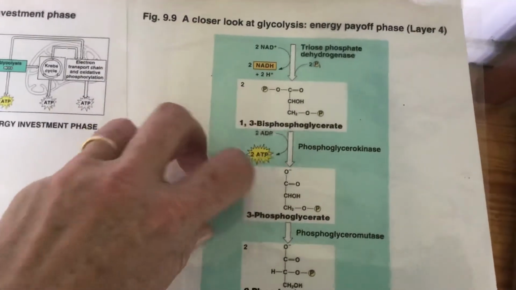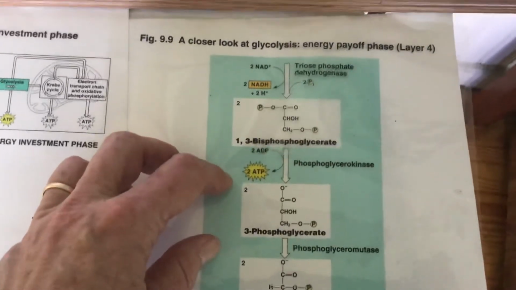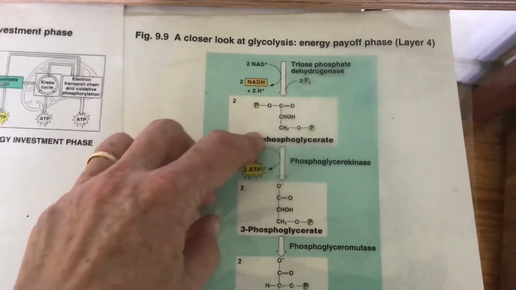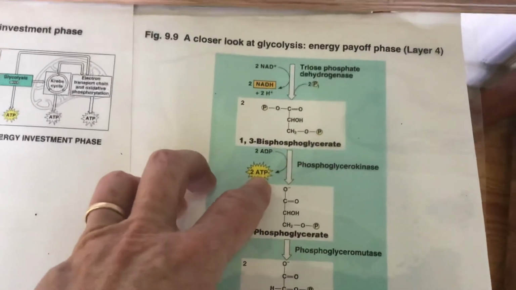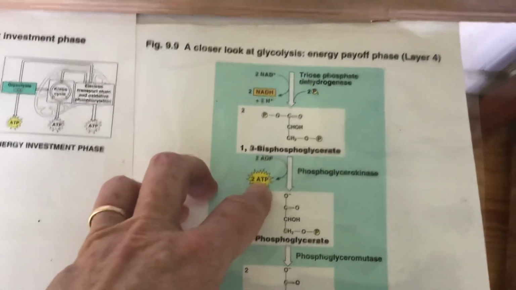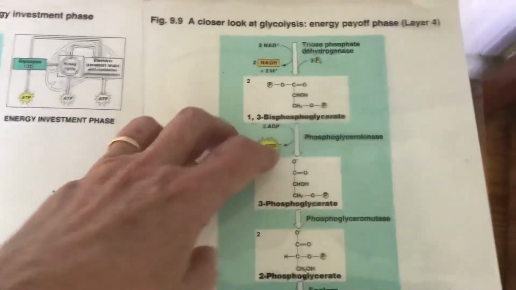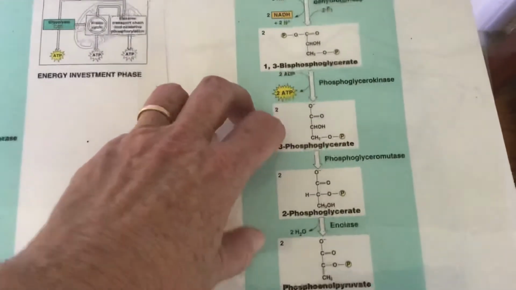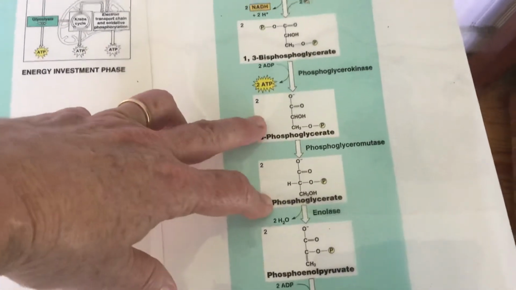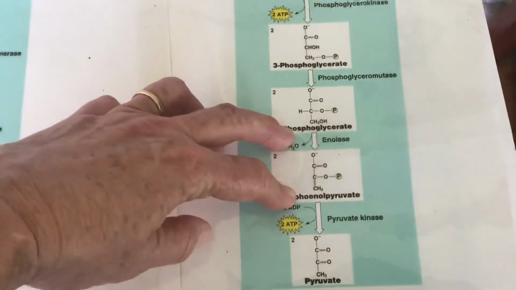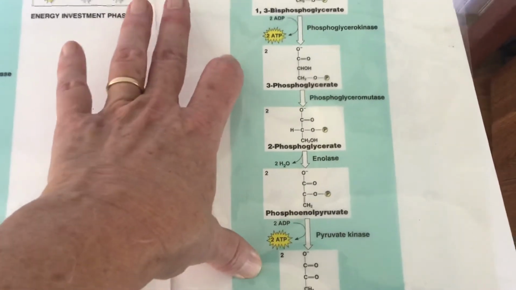Now I'm going to take off the phosphate group, at least one per molecule, which is why I end up with two, and make ATP out of it. Then I'm going to change the configuration just a little bit again, a couple of times, and then take off another ATP from each one, so I end up with 4 ATP here.